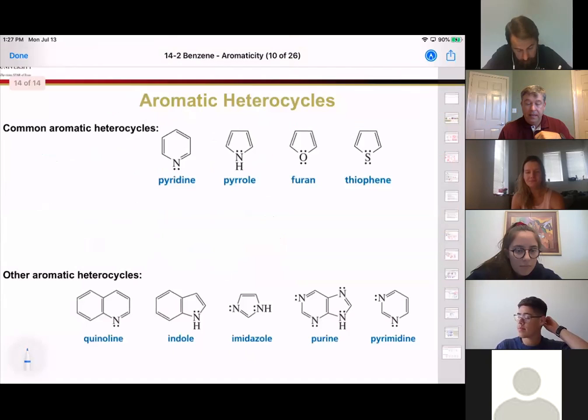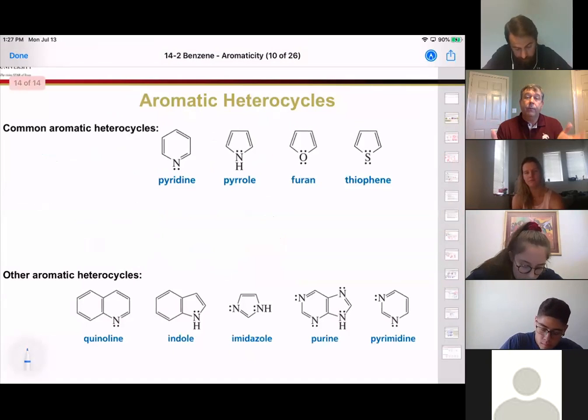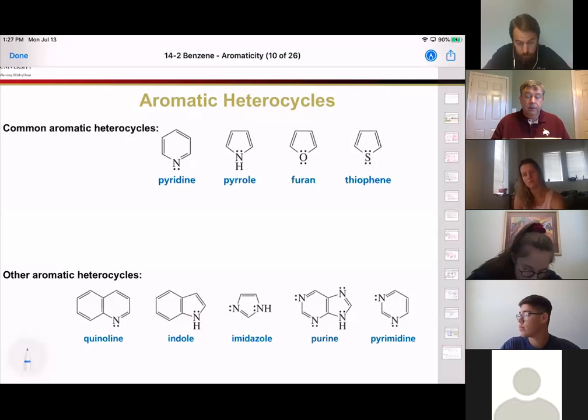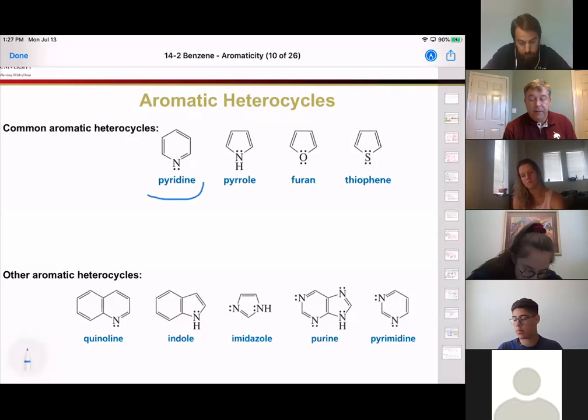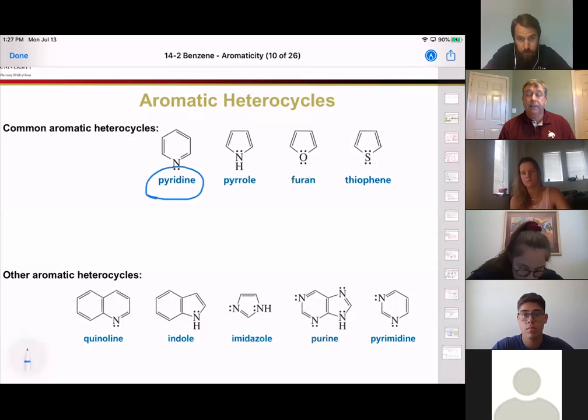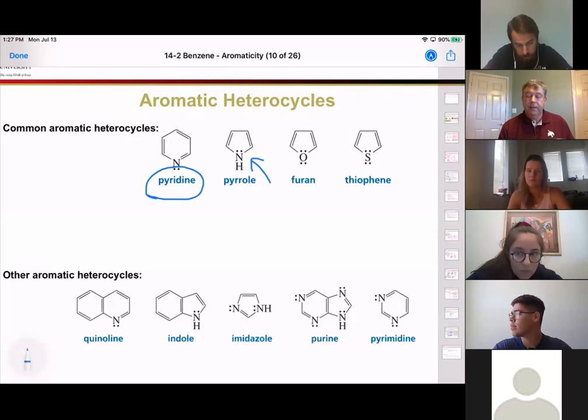Okay. And that leads us to a wide variety of different possible heterocycles here. We have to figure out which electrons are contributing to the aromaticity and which ones are not, okay? So in the example of pyridine, that lone pair is not contributing to the aromaticity. In pyrrole, those electrons are contributing to the aromaticity.